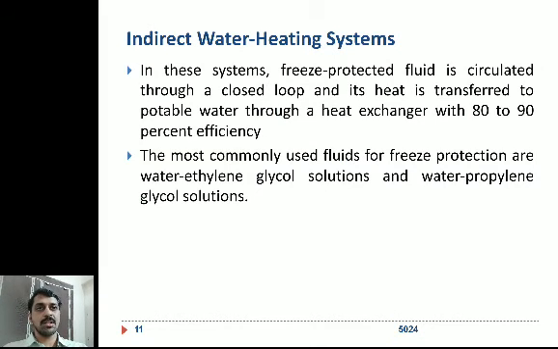So indirect water heating systems, the closed loop will be circulating through the collector or the evacuated tube, whatever it is. The heat is transferred to potable water through the heat exchanger with 80 to 90% efficiency. Most commonly used fluids for freeze protection are water ethylene glycol and water propylene glycol solutions.